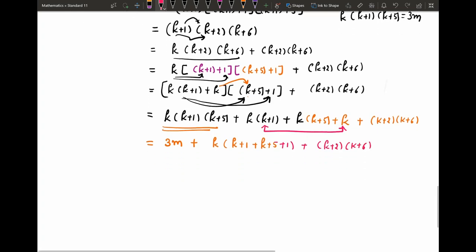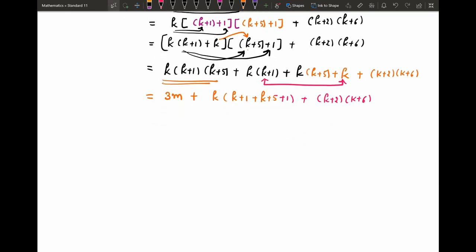For first term no problem, 3 is a 3 here 3m, so 3 is given as a multiple. Remaining last 2 term, one is to show that 3 is a multiple. Now simplification, k plus k, 2k plus 7 plus k plus 2 into k plus 6.